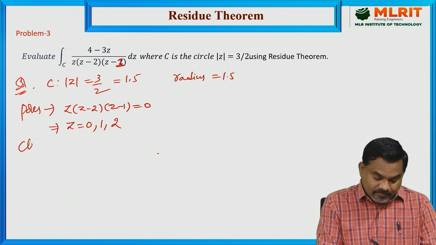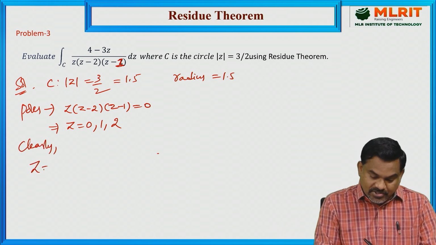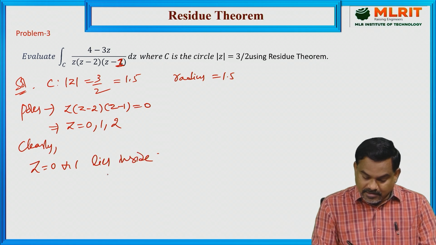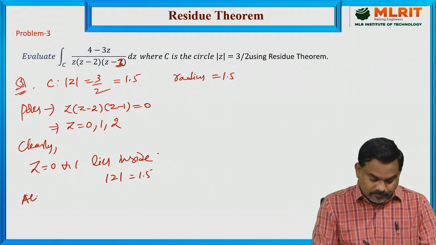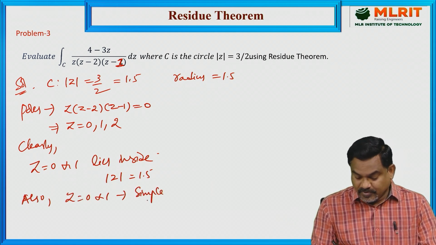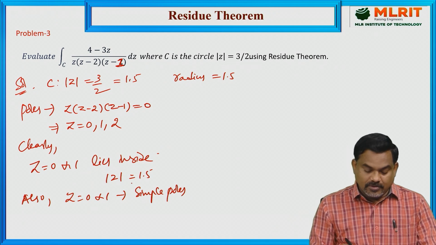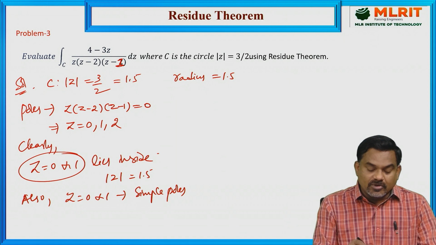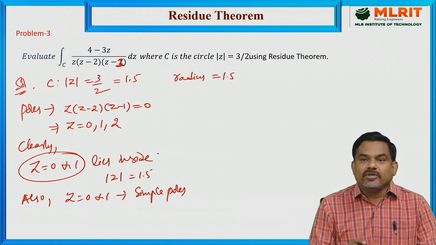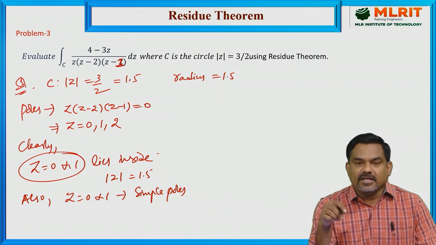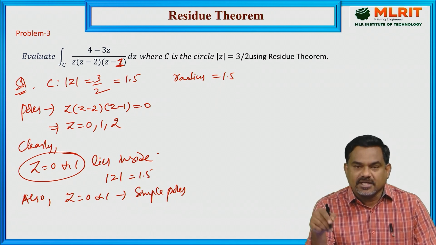But here the poles z equal to 0 and 1 lie inside the circle mod z equal to 1.5, and also z equal to 0 and 1 are simple poles. So we need to find the residues of these two poles only. Here z equal to 2 lies outside the circle, so we don't consider it, because in Cauchy's residue theorem we find the residues of the poles which are within the circle C only.